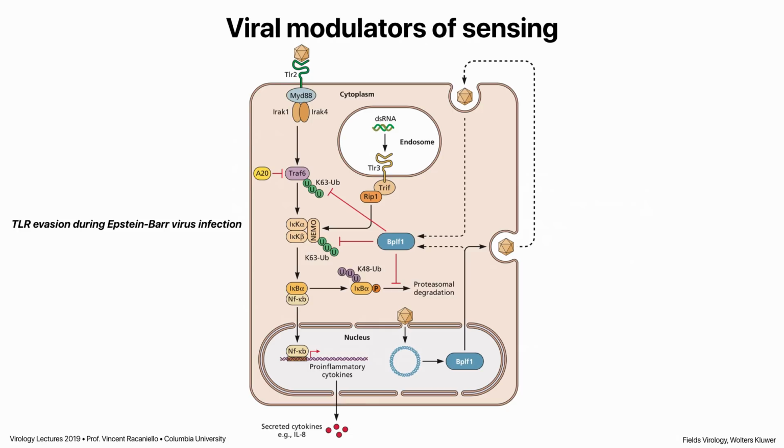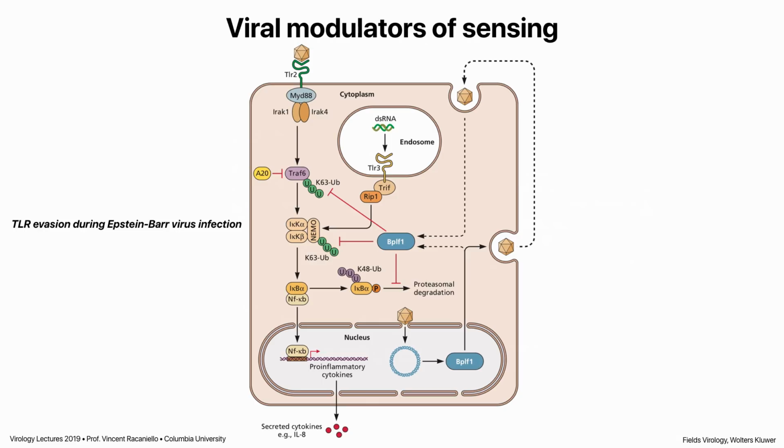So TLR2 can detect viral proteins, and when it does, it initiates a signaling cascade that results here in the entry of NF-kappa B into the nucleus, turning on the genes encoding pro-inflammatory cytokines, which again have antiviral activities. This BPLF1 interferes with that in a number of ways.